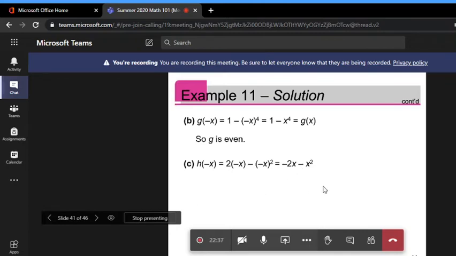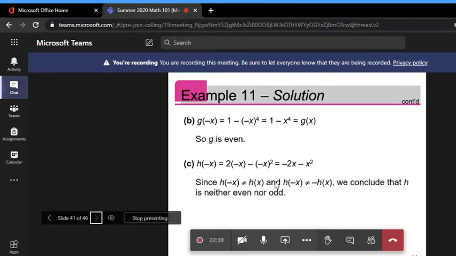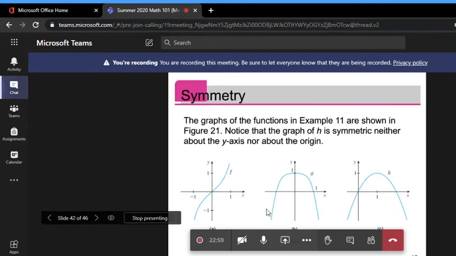Now we factor out negative x, however you see that we don't get h of x, and we don't get negative h of x as well. Because of that, it doesn't satisfy either of the properties. So we are going to say it is neither even nor odd. Okay? Alright.